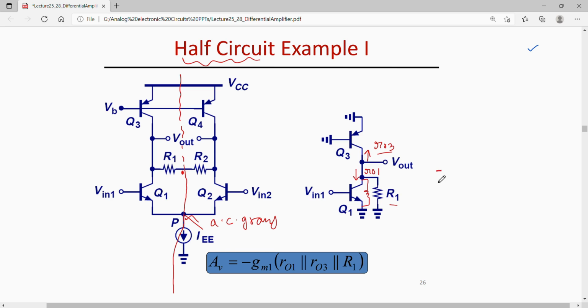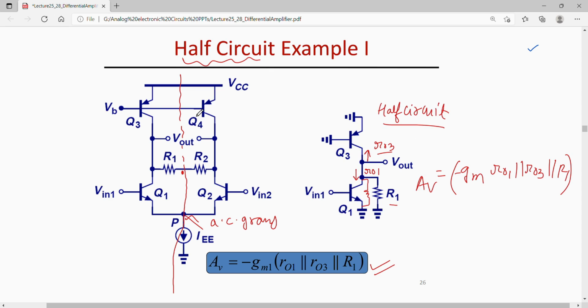So one can write the gain of this circuit as minus GM times RO1 parallel to RO3 parallel to R1. Now the gain of this half circuit is equal to the gain of this complete differential pair.